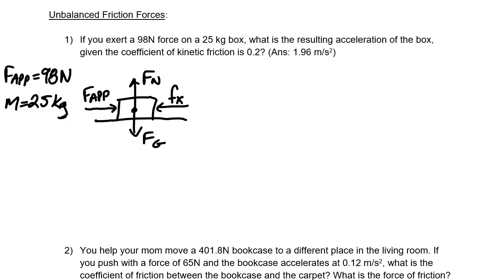So that's simple enough. We know that that's going to be acceleration in the x direction that we're looking for. And the coefficient of kinetic friction is 0.2. All right, and once again, coefficients of friction don't have any units whatsoever. All right, and being that we have the mass of the box, we can figure out the force due to gravity acting on it.